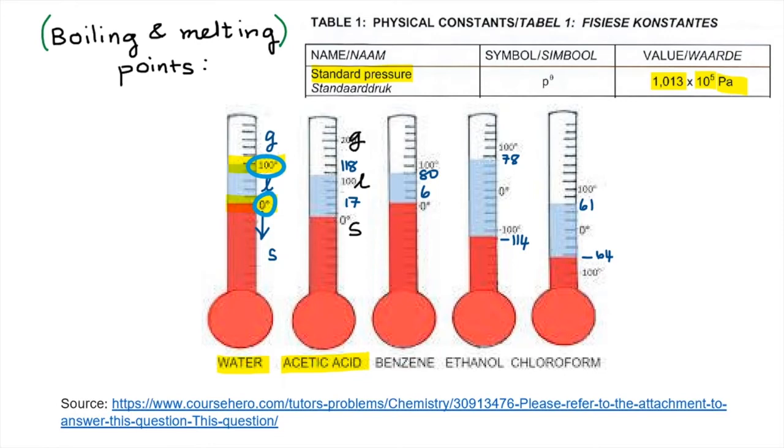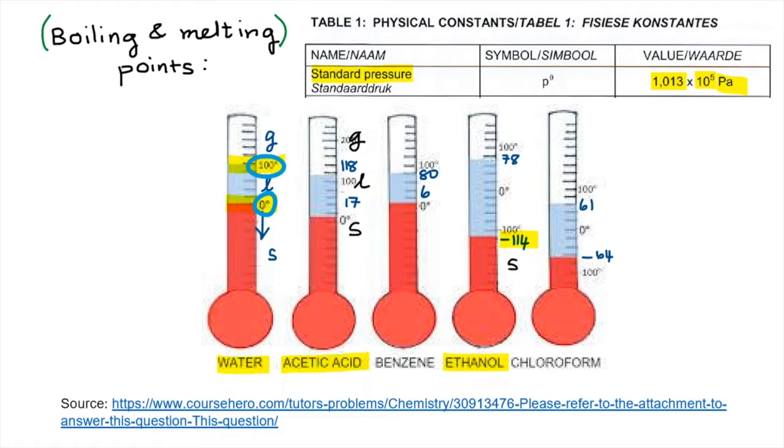If we look at a substance like ethanol, we see that ethanol begins to melt at a temperature much lower than the melting point of water. Specifically, at negative 114 degrees Celsius, ethanol will begin to change phase. If the temperature is lower than negative 114 degrees Celsius, then ethanol will be in the solid phase.